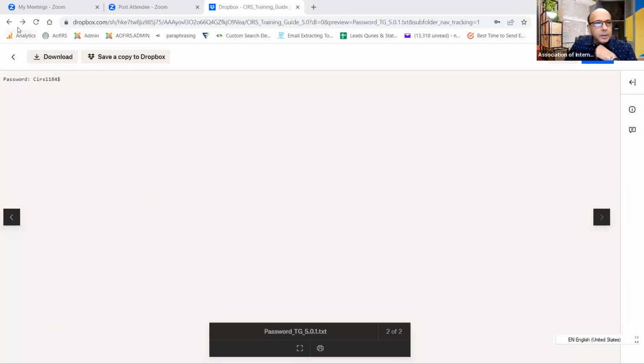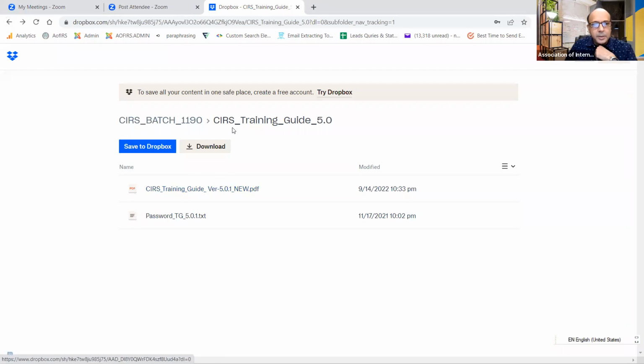Sorry about that. I was just saying that I checked in the box, and the folder named CRS Training Guide 5.0 has the book that I just opened up.